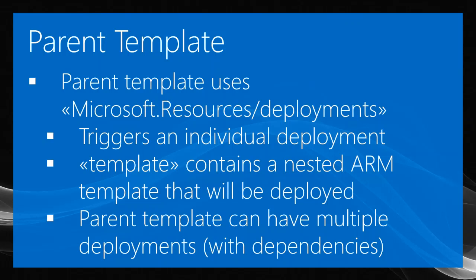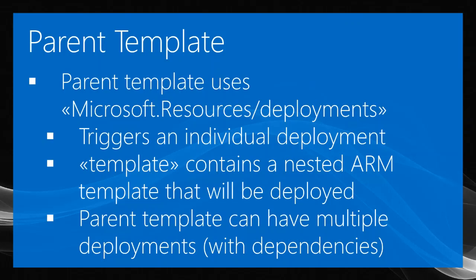But now, as we talk about nested templates, we need to trigger a deployment of a nested template. And that means that we need to use a special type of resource, which is Microsoft.resources/deployments, which just means, well, inside this ARM template that we deploy, we want to start another ARM template deployment. And then this triggers another deployment of another template.